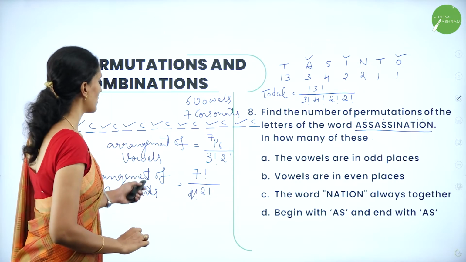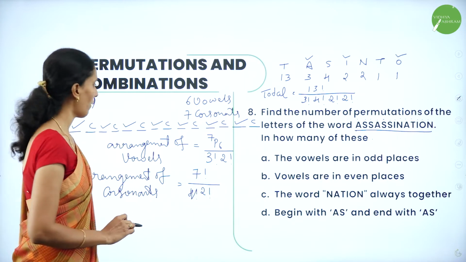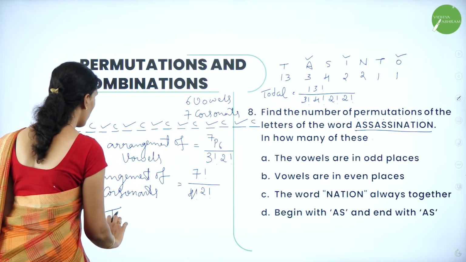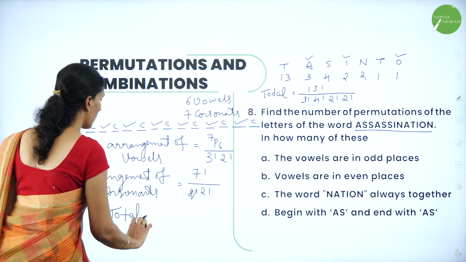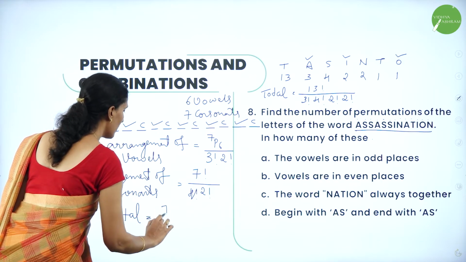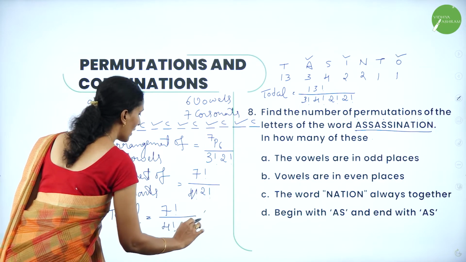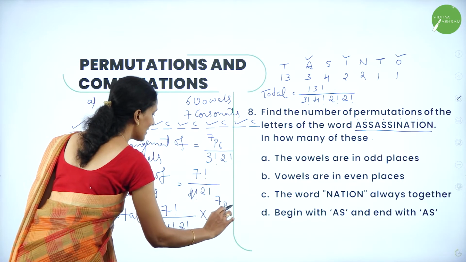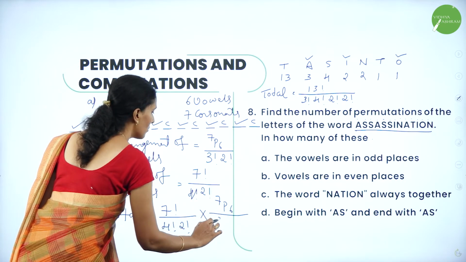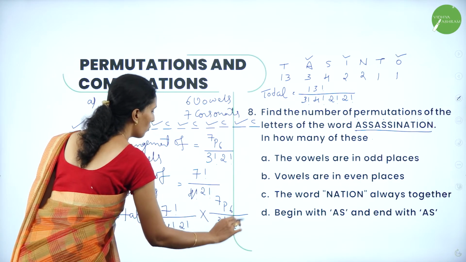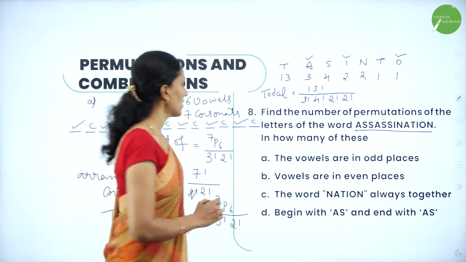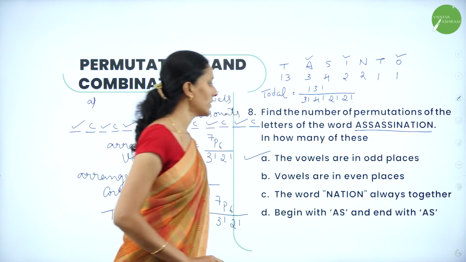So this is 7 factorial divided by 4 factorial into 2 factorial. So therefore the total number of arrangements will be 7 factorial by 4 factorial 2 factorial into 7P6 whole divided by 3 factorial into 2 factorial. Okay. So this is the first question.